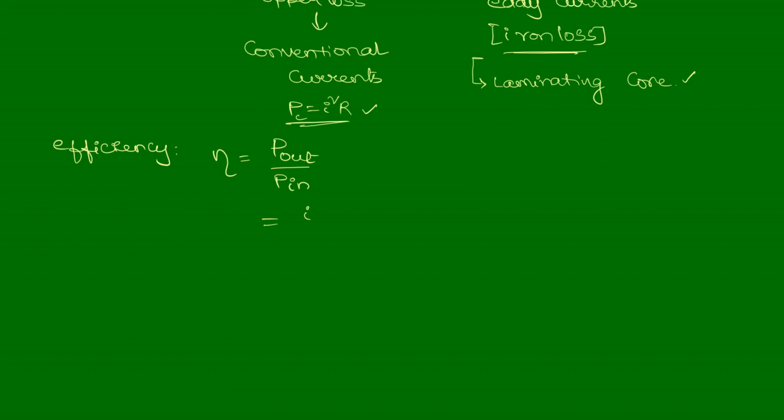Output power is nothing but output current into output voltage, by input current into input voltage. So here we should not use the equation V2 by V1 is equal to I1 by I2, which we already got, because there is some loss in this transformer. Then we have to use these equations and solve the questions asked based on these transformers.